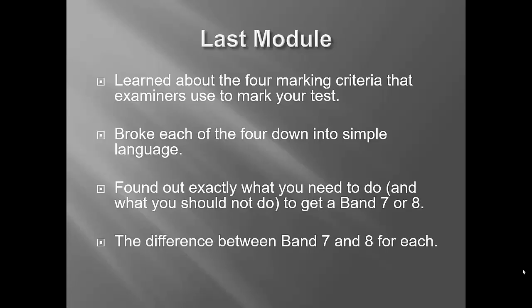Now, that module in particular is extremely important. If you didn't watch that module, please go back. I know I say this for every module, but module 2 is probably the most important. You're not going to understand everything that you're going to hear in the next 10 modules if you don't understand that one. So please go back and have a look at that one if you haven't already.